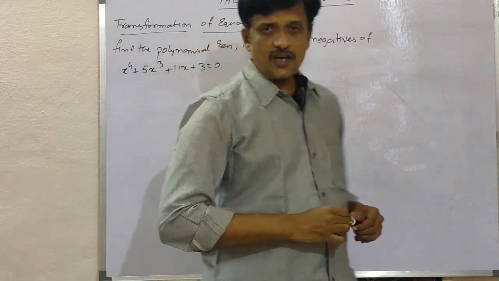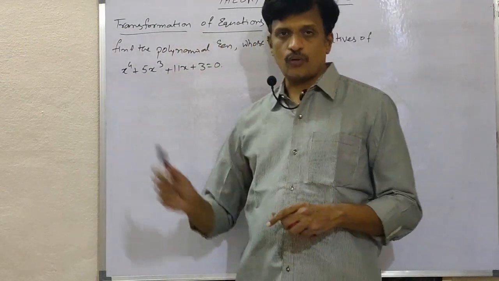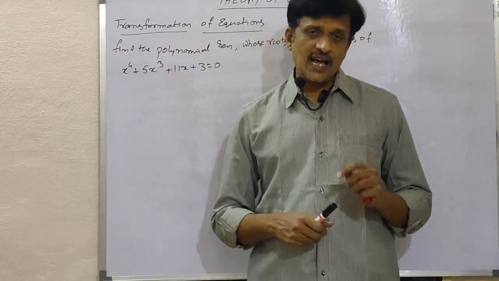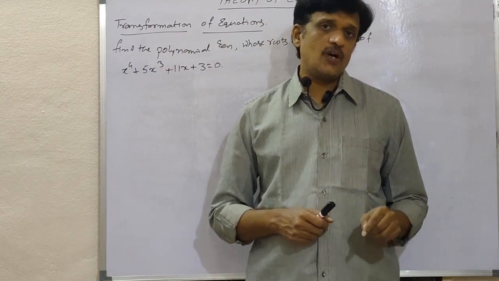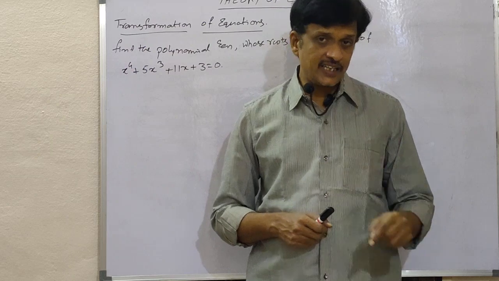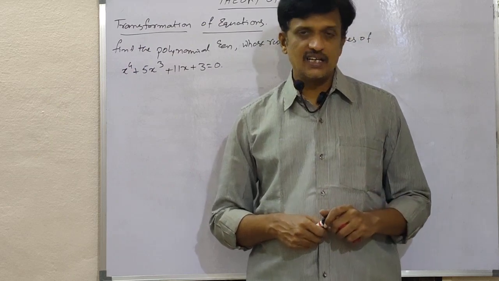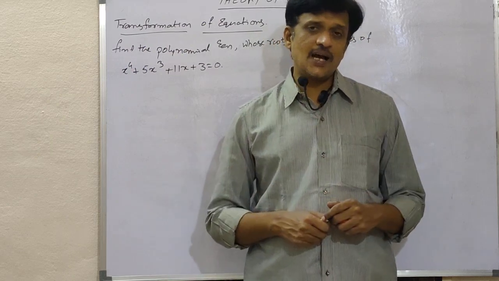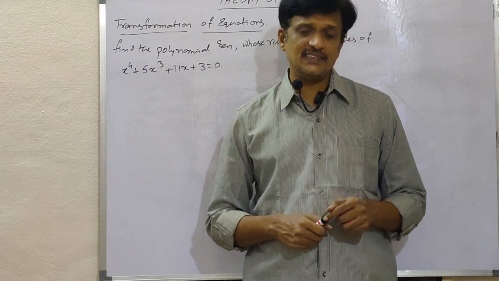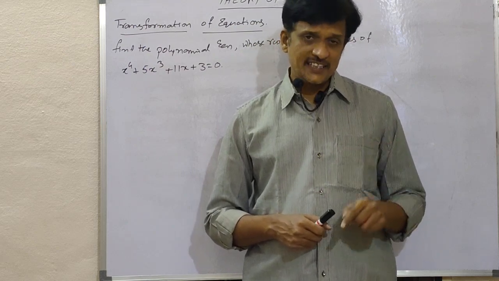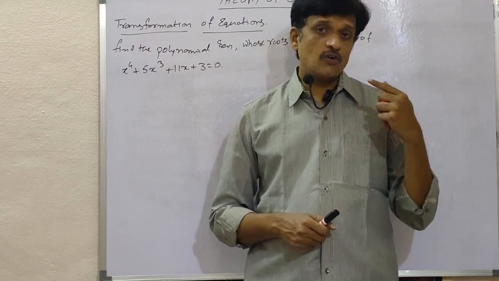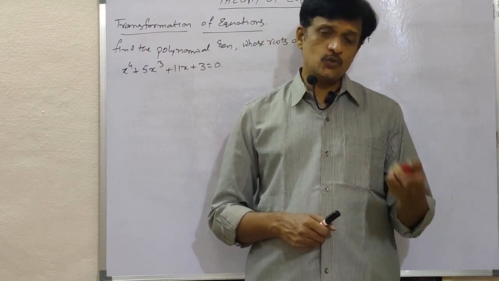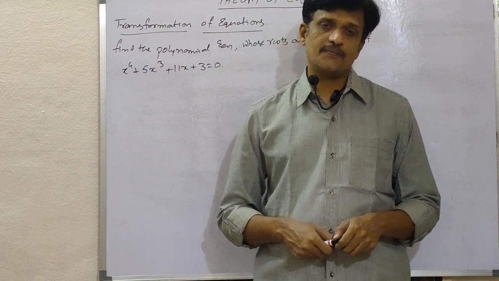Means the given polynomial is of degree 4. Suppose the roots are alpha, beta, gamma, delta. Now we have to write another polynomial whose roots are the negatives of the roots of the given one. Since the roots are alpha, beta, gamma, delta, negatives of the roots means minus alpha, minus beta, minus gamma and minus delta. Now we have to write another polynomial whose roots are these new values.